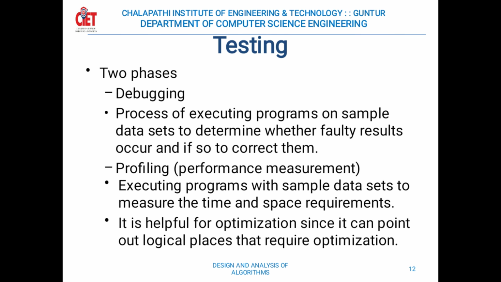After that, if there are no bugs, or if there are any bugs and those are detected and corrected, we go for profiling. Profiling means simply run the program using sample data and record the outputs.